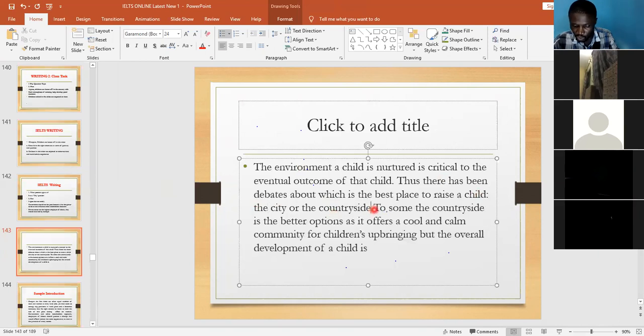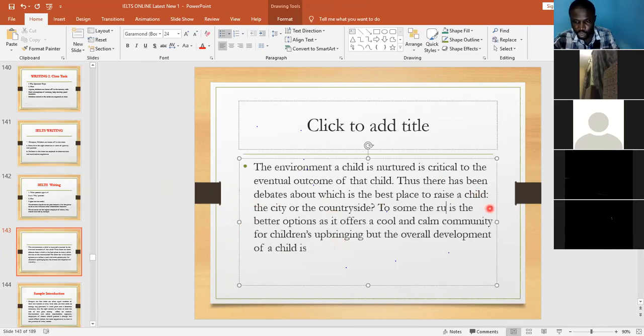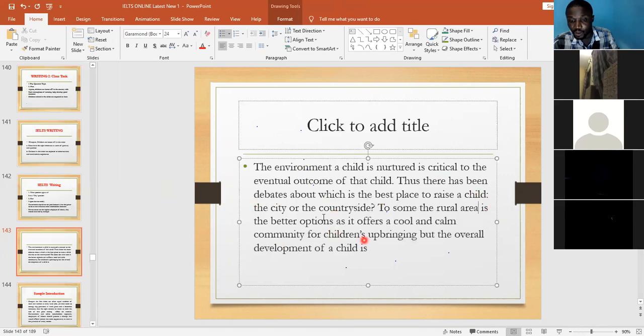Sorry, this should have been a question mark. To some, the countryside is the better option. I want to replace this with rural because I keep mentioning it. To some, the rural area is the better option as it offers a cool and calm community for children's upbringing.